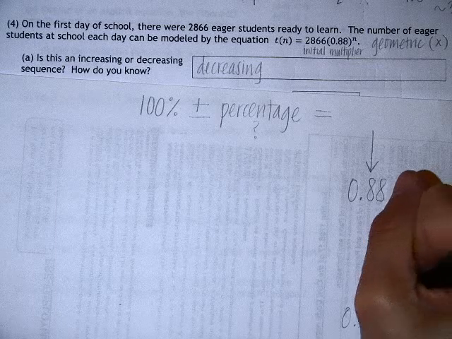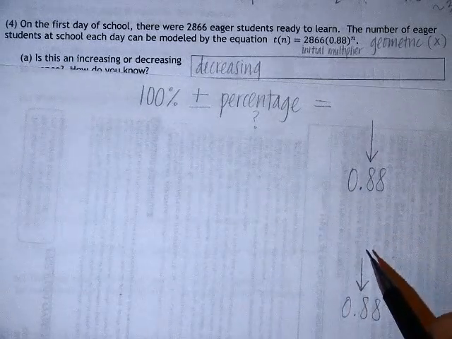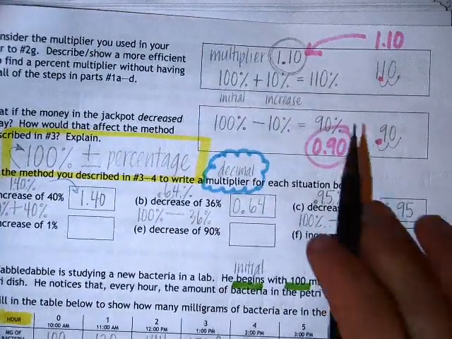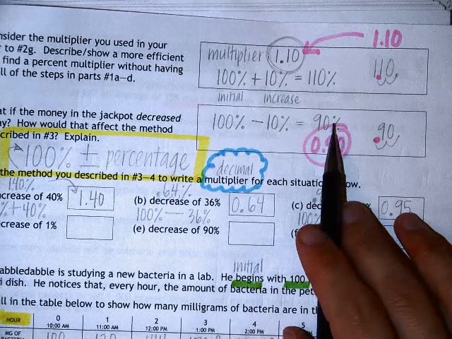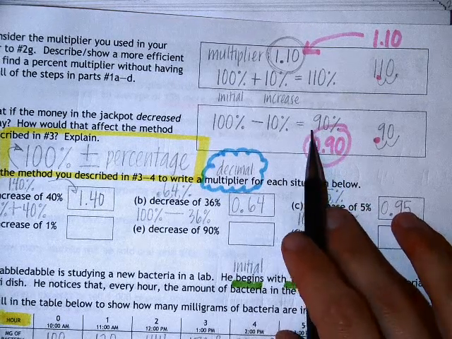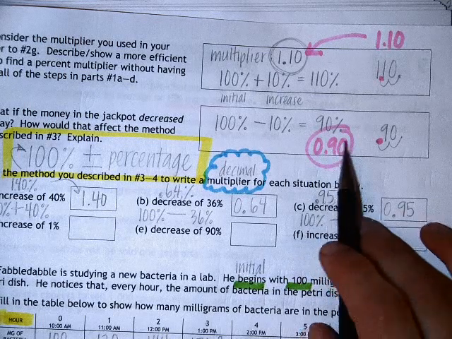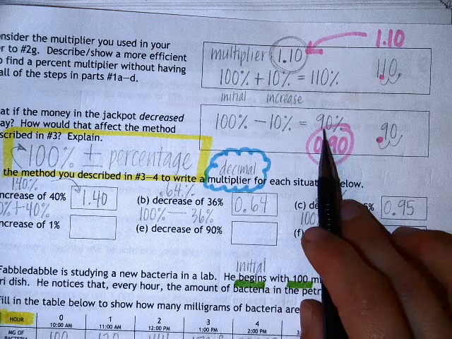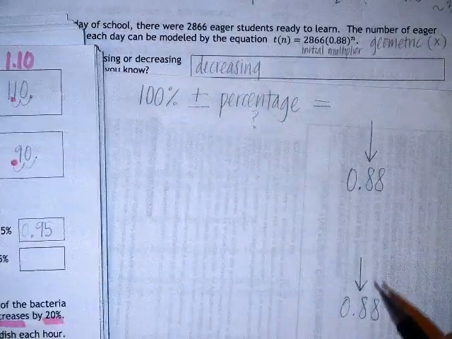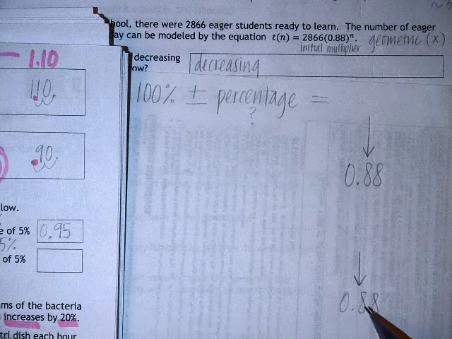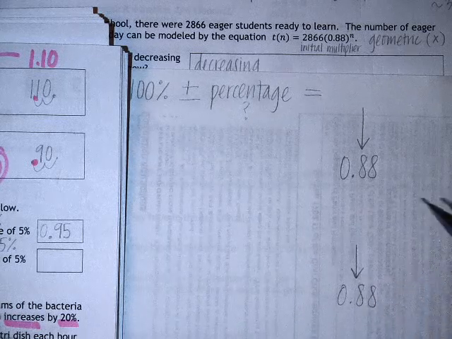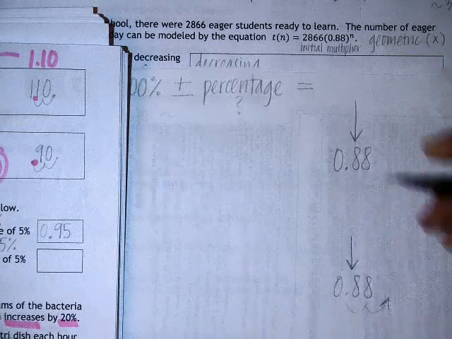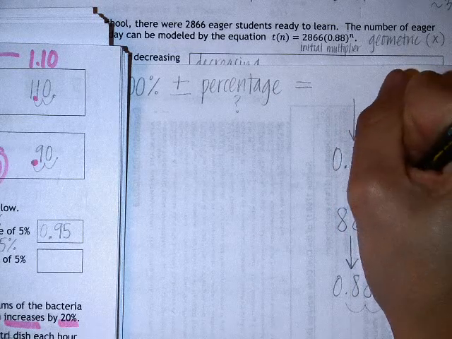0.88 had to come from converting some percentage. Usually, and again I'm going back to my notes on page 11, we take the number and move the decimal 2 places to the left, and that gives us the decimal that we always see in the equation. Like 0.90, for example, came from 90% and moving 2 places to the left. In this question I have the opposite situation: I have the result of moving 2 places to the left, so logically I can move 2 places to the right, and that tells me I must have had 88%.